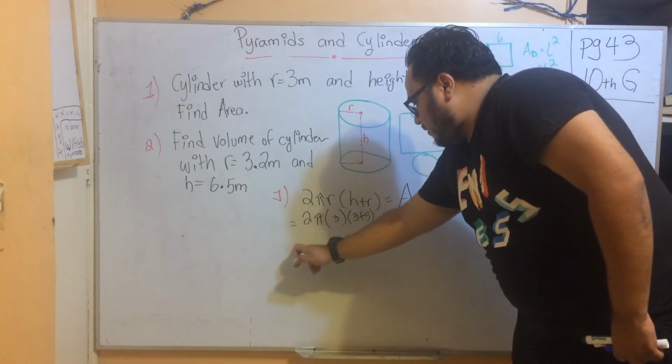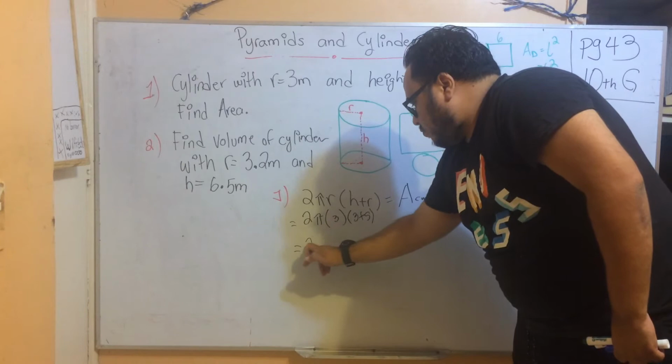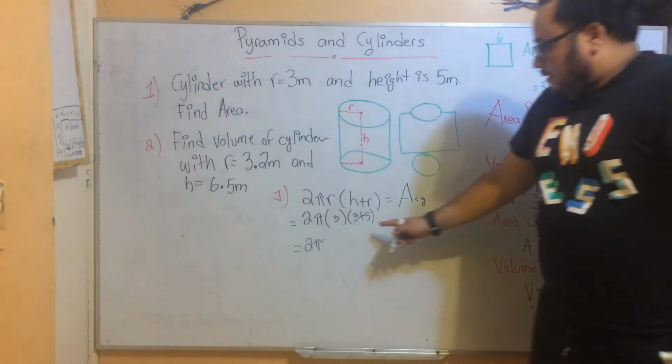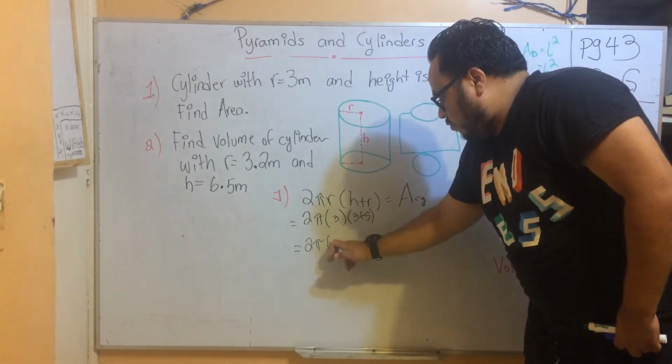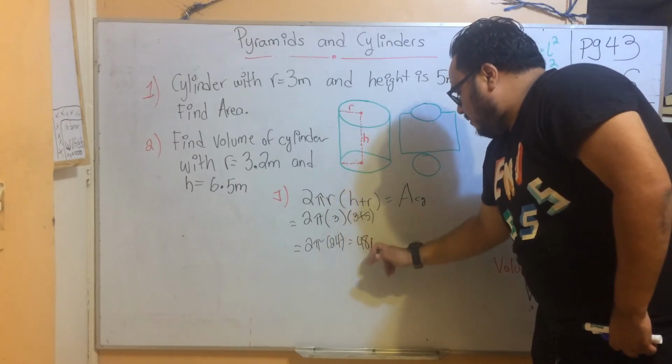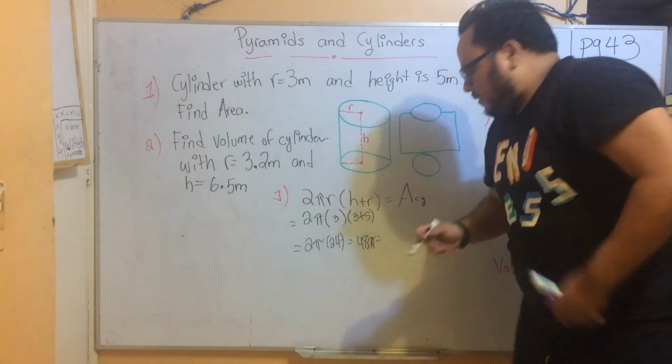So we know that this is 2 pi. 3 plus 5 is 8, times 3 is 24. This means that we have 48 pi.